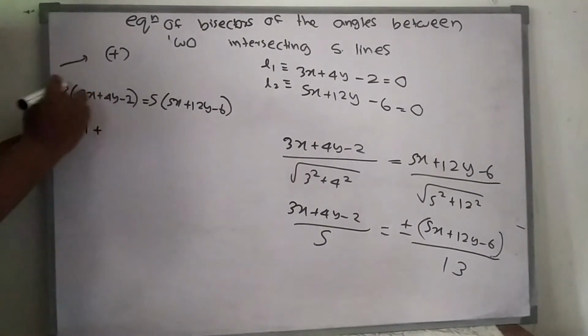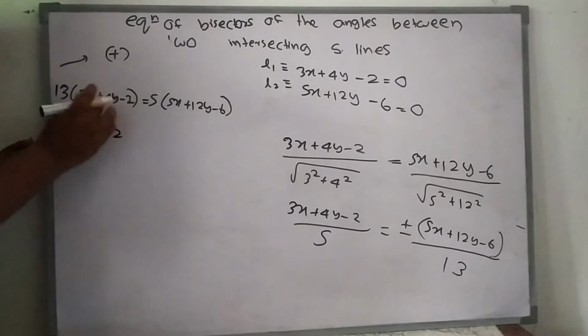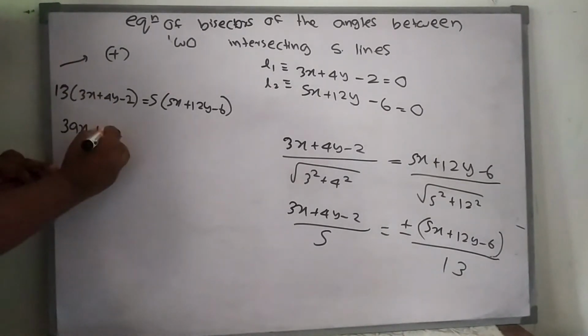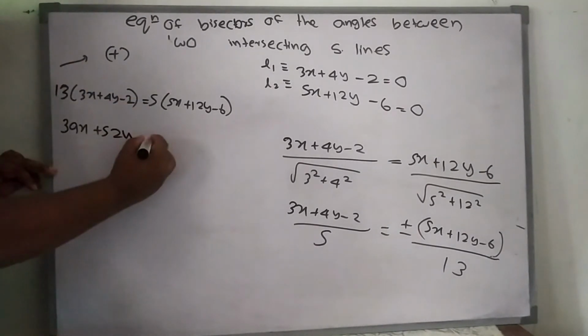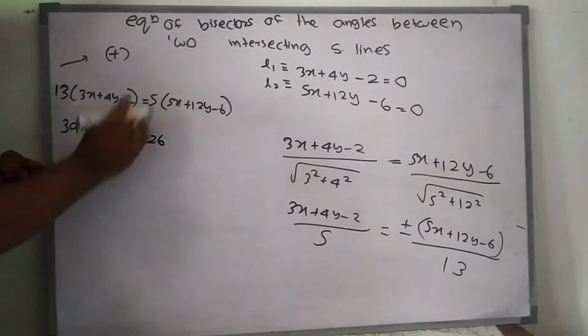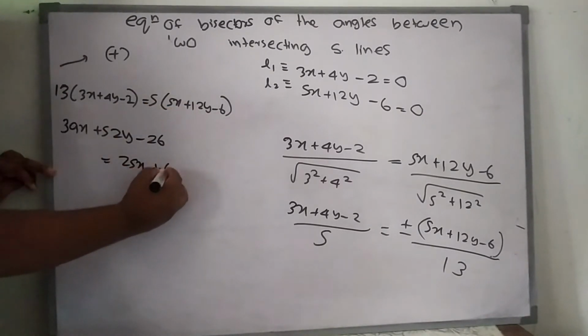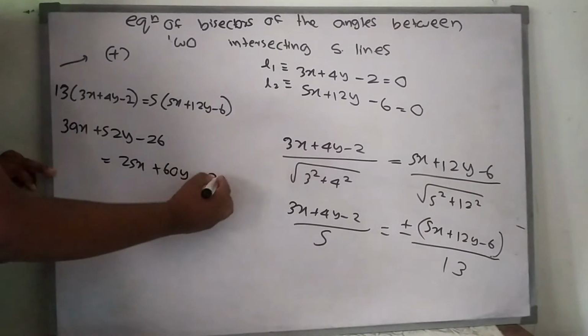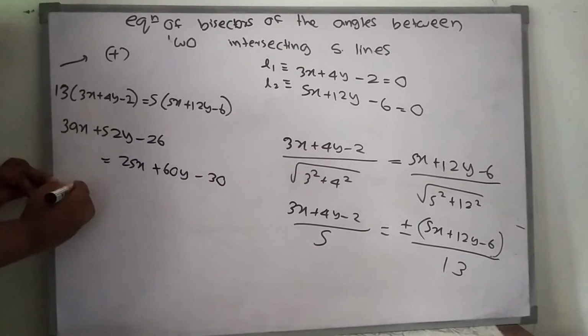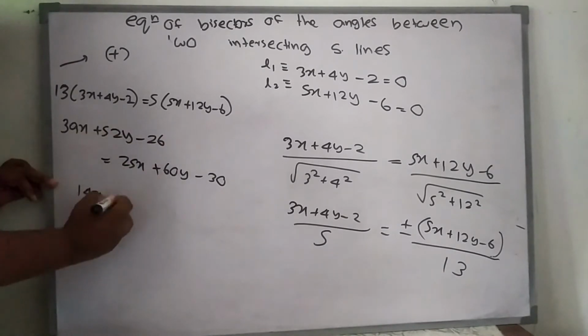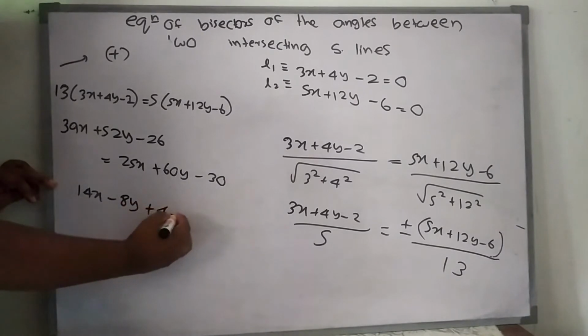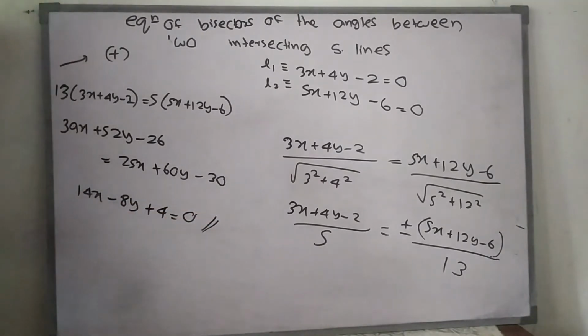That gives 39x plus 52y minus 26 equals 25x plus 60y minus 30, which simplifies to 14x minus 8y plus 4 equals 0. So this is a bisector, right?